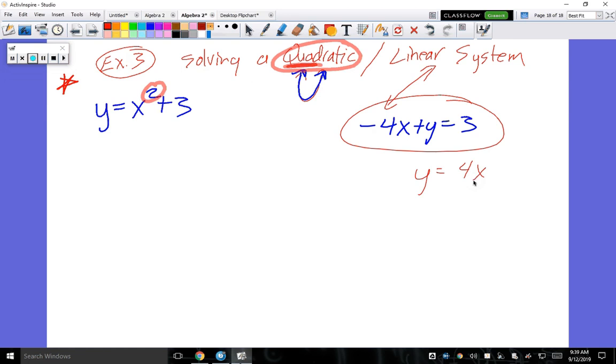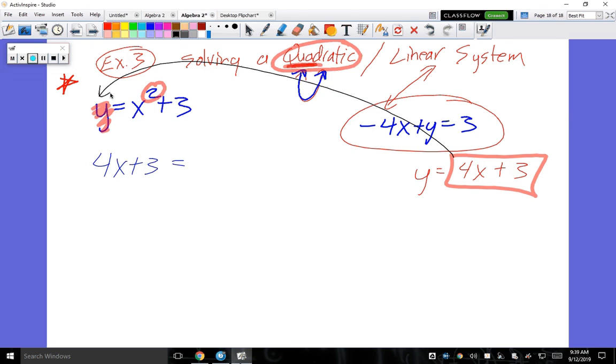So I'm just going to add 4x. Now this will be substituted in right here for y. Okay, here we go. So we have 4x plus 3 has just been substituted in for y, and it's equal to x squared plus 3.